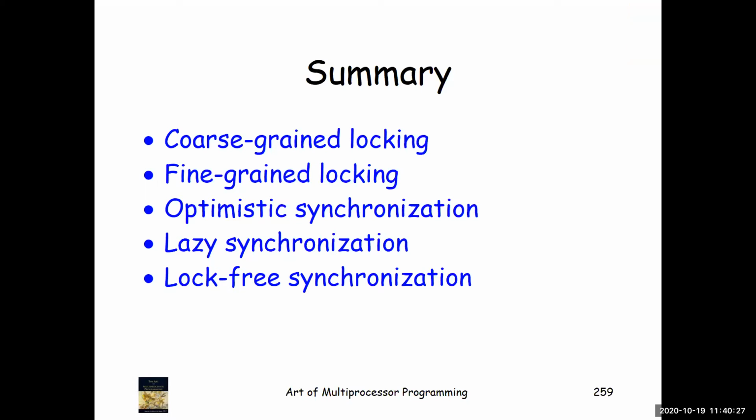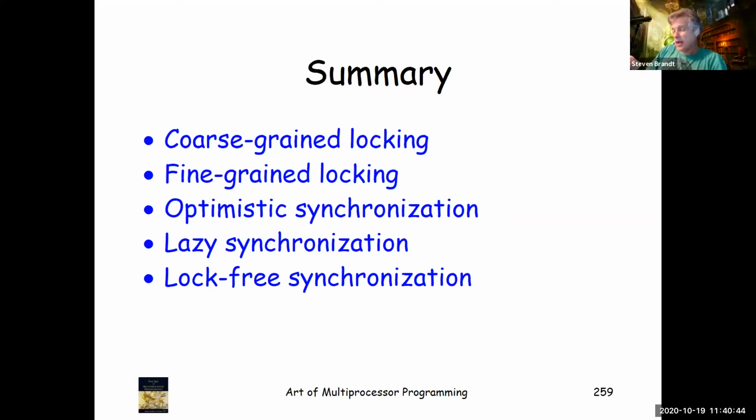I'll ask a question. For all of these locks, I was wondering what would be the ideal application for each type of these locks and algorithms. When would you use each one? I think coarse-grained locking you would use if you were just starting out, or you might even swap it in if this was part of a bigger program and things weren't working and you suspected you had made a mistake in your complicated lock-free synchronization.